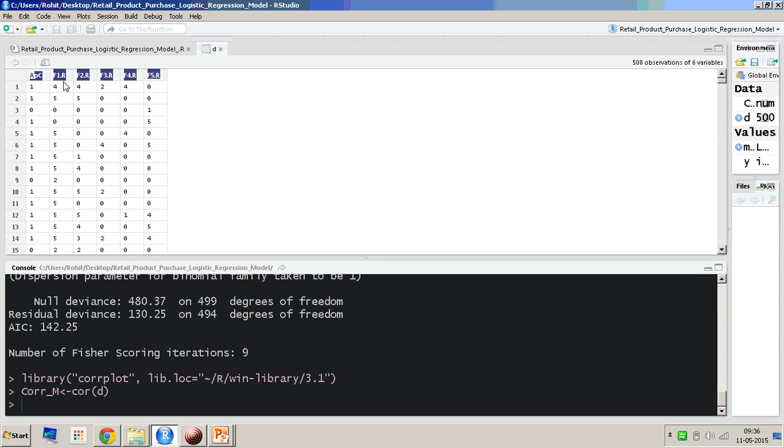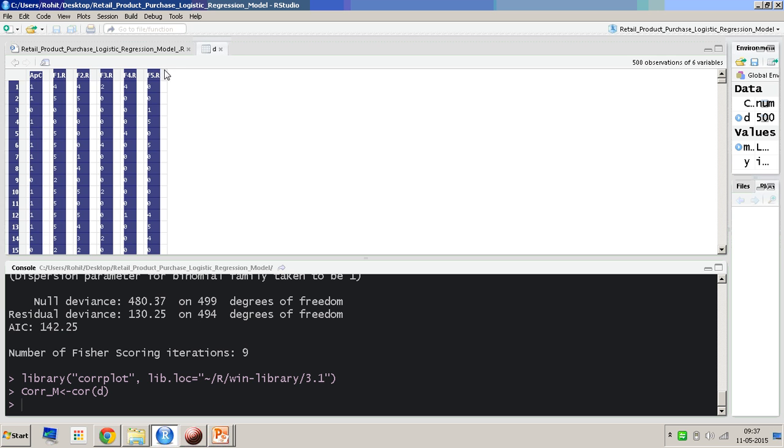Presume within this column f1.r I have 500 observations, their correlation with my second variable, f2.r, and also their correlation, the f1.r, with APC. So all of these would be correlated and shown to us in a matrix format.